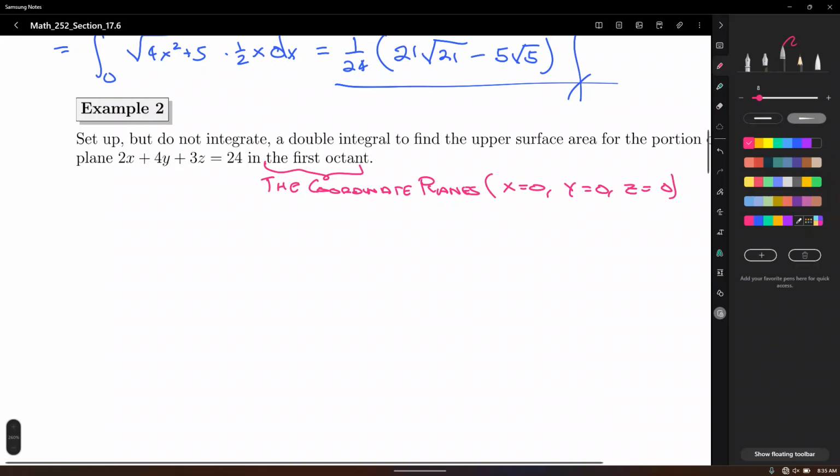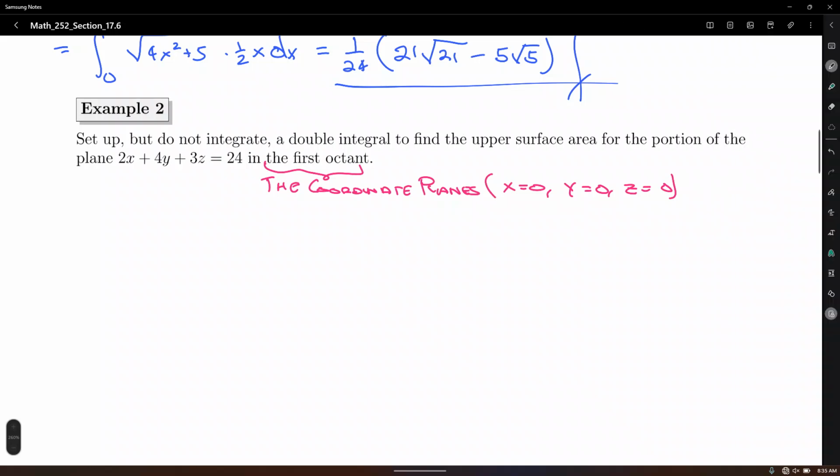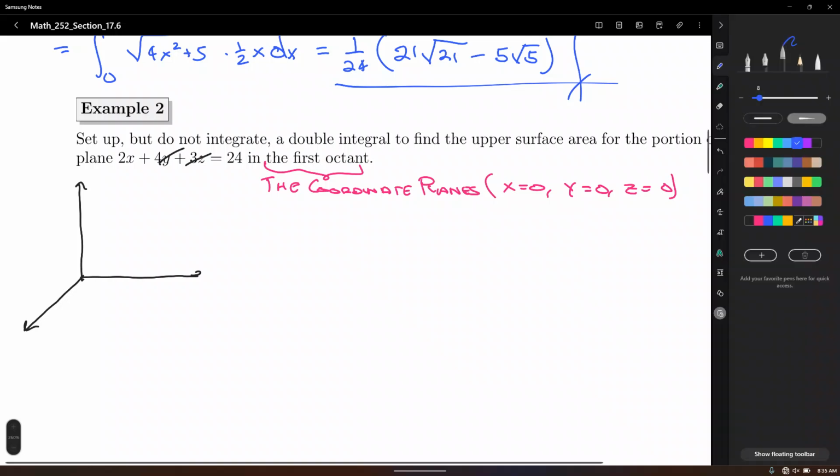Let's graph the plane using the intercepts. Make y and z equal to 0: 24 over 2, that's 12. Whoops, so this is 12.